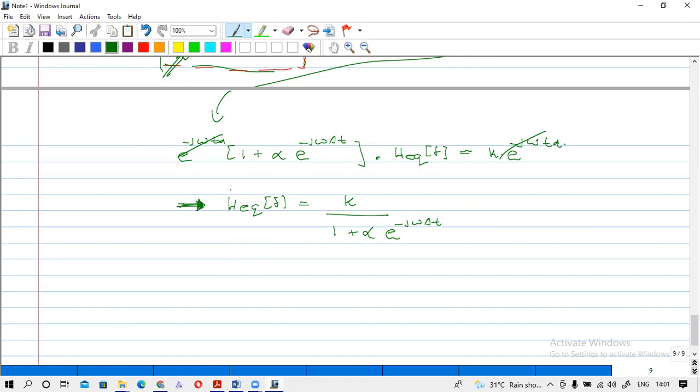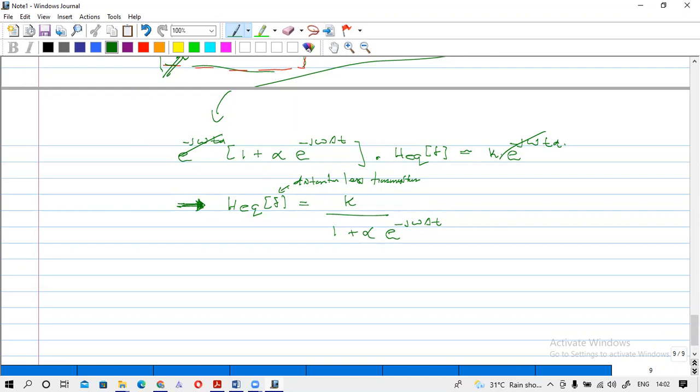This is our equalizer transfer function for distortionless transmission. So please note this.